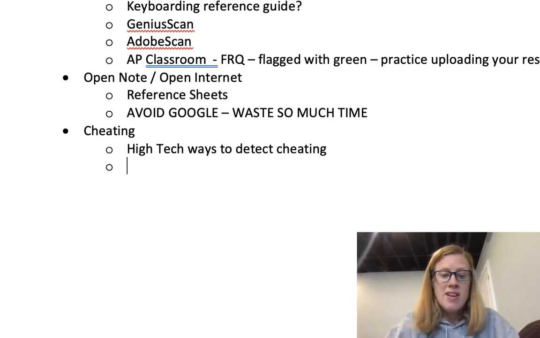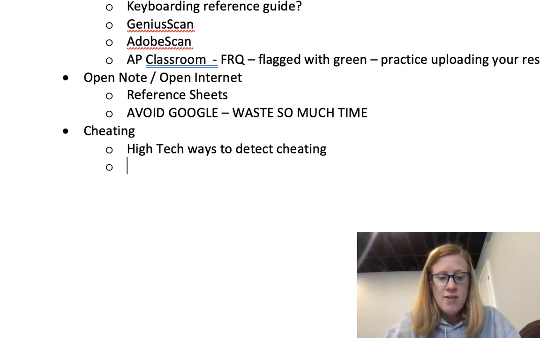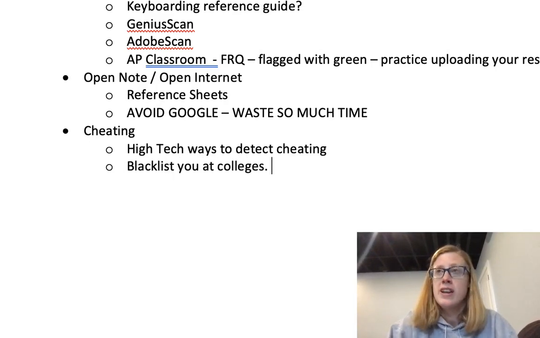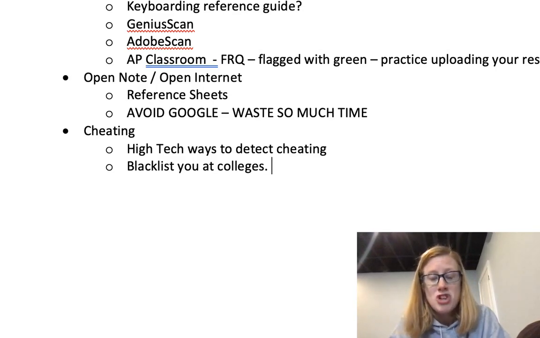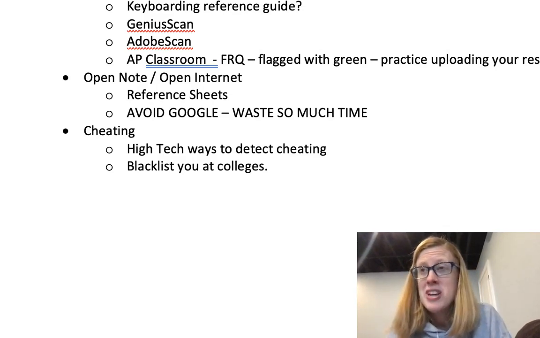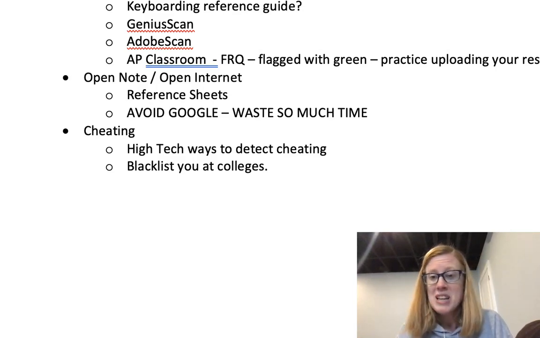But remember, they have threatened to, and I believe they will carry this out, blacklist you at colleges. That means you got accepted to your dream school, you can't wait to go. Then you cheat on the AP Chemistry exam and they let all your colleges know that you cheated on that exam. And so not only will they maybe not accept credit, but they could rescind your acceptance. And is it really worth it?